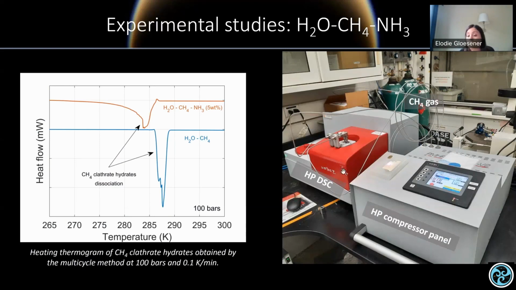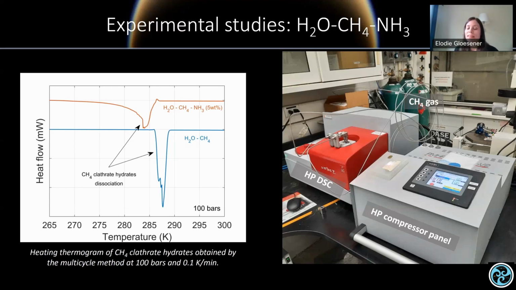The temperature control is via Peltier, and we can study the methane clathrates between minus 40 degrees Celsius and about 120 or 150 degrees Celsius, sorry, not Kelvin.